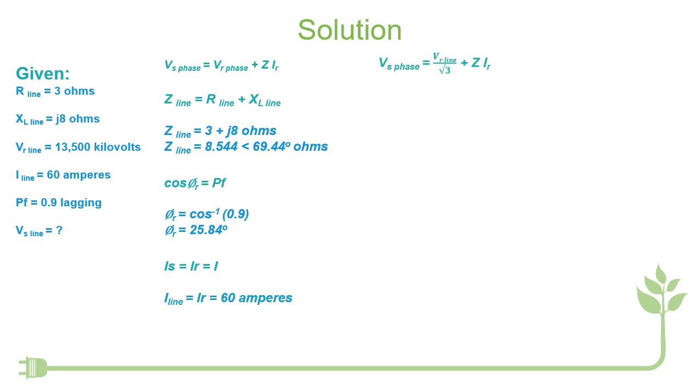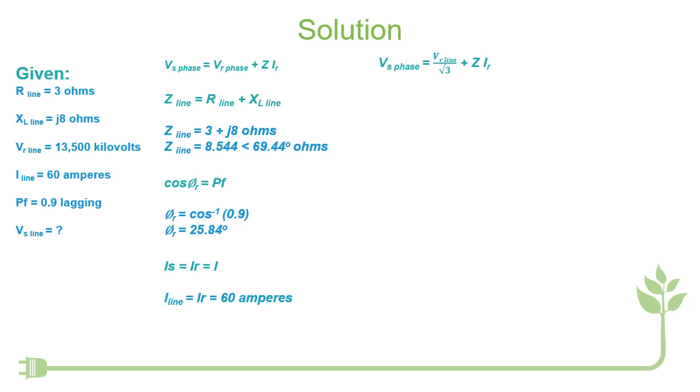Now we will start to get the voltage sending end line to line. First, we must determine the voltage sending end phase in order for us to know the voltage sending end line to line. Voltage sending end phase equals voltage receiving end phase plus the multiplication of Z and IR.